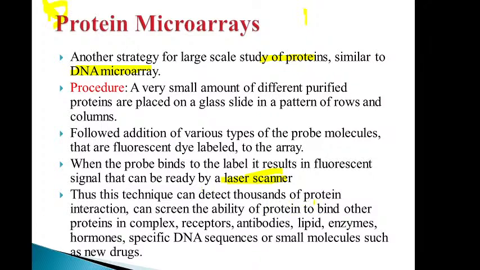technique can detect thousands of protein interactions, and can screen the ability of a protein to bind other proteins in complex, receptors, antibodies, lipids, enzymes, hormones, specific DNA sequences or small molecules, even new drugs. So when we have a specific probe for a specific thing, like specific receptors or specific antibodies, it binds only those.